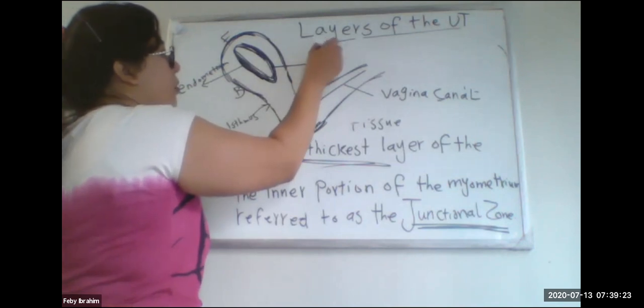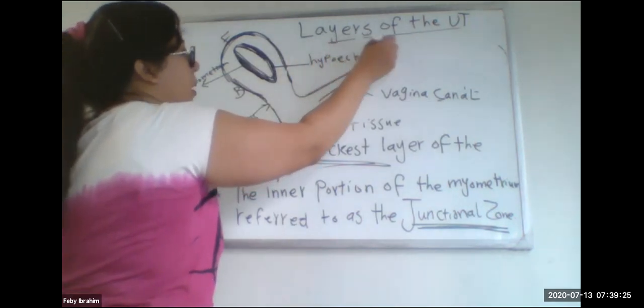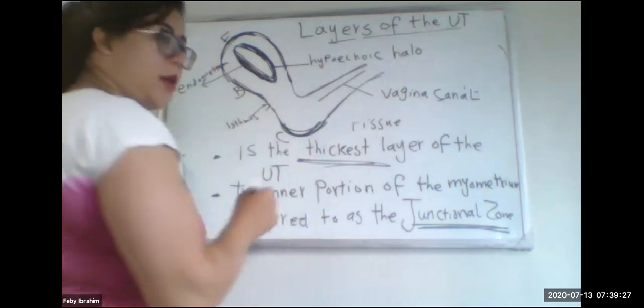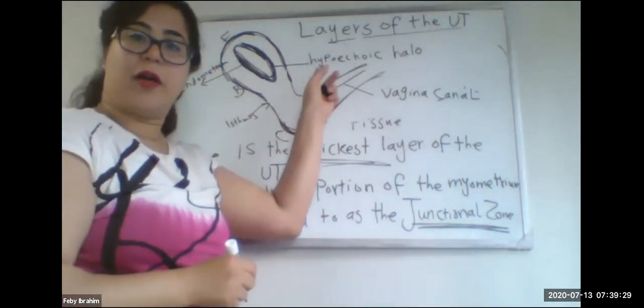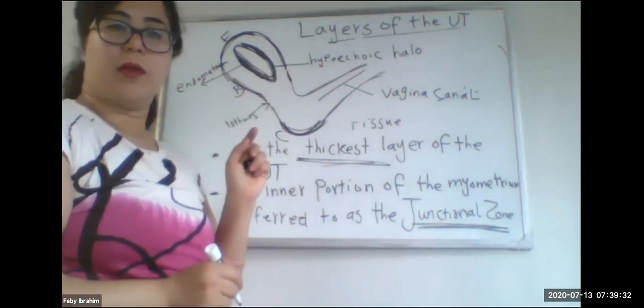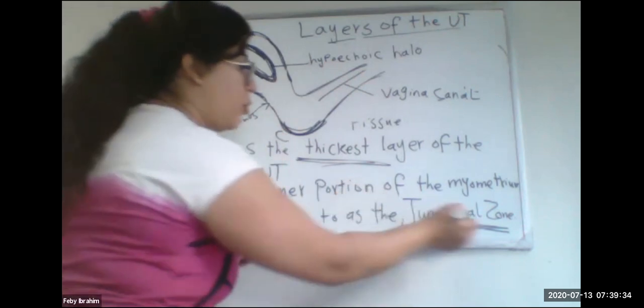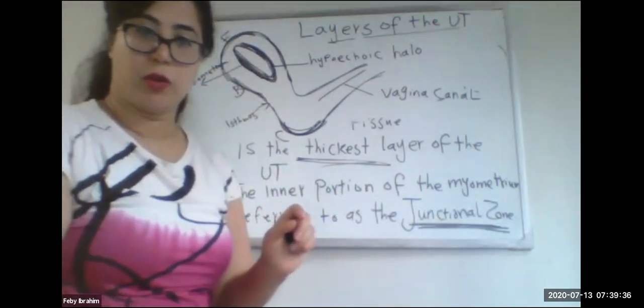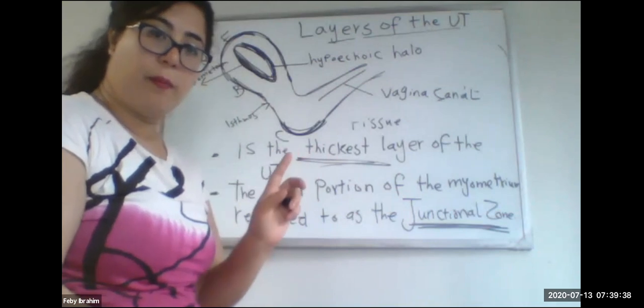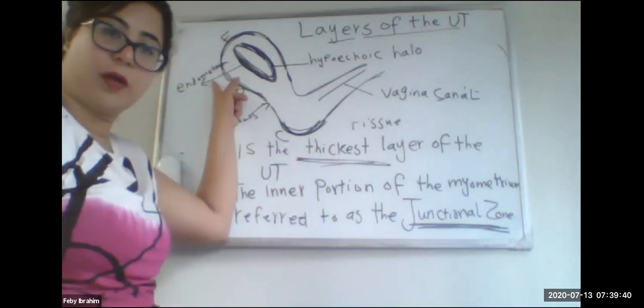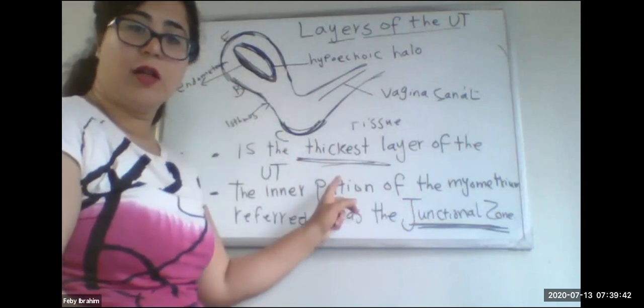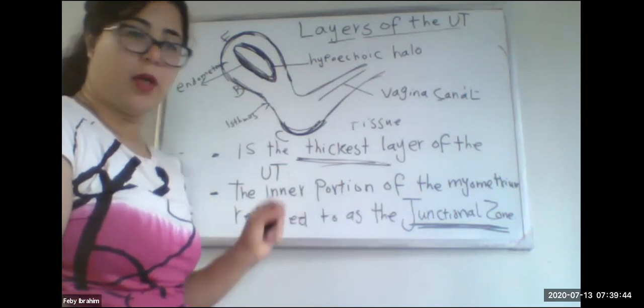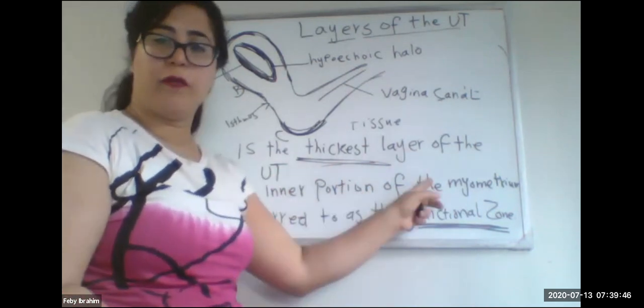It surrounds the endometrium, and this one is called the junctional zone. It's not part of the endometrium. It's the inner portion of the myometrium.